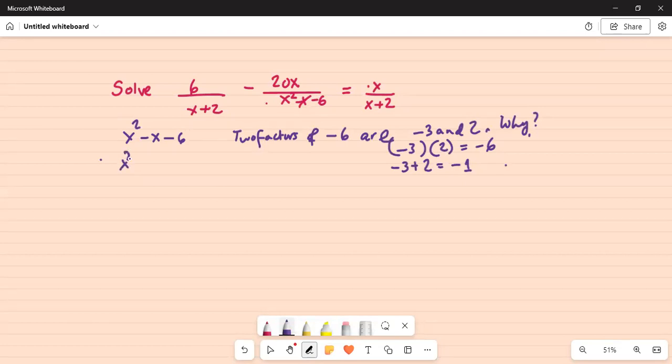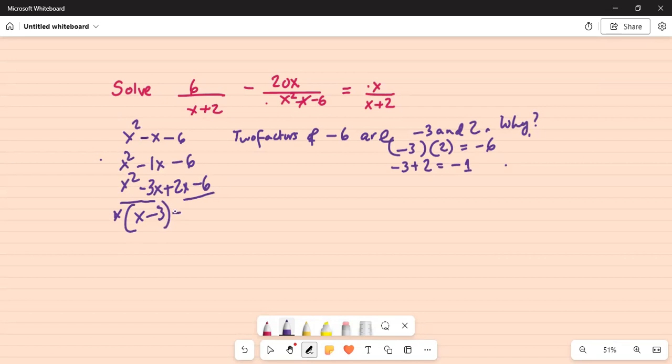So this can be written as x square minus 1x minus 6. Now minus 1x you can write as x square minus 3x plus 2x minus 6. Now we'll factor two terms at a time. Between the first two terms you can take x out, and x square divided by x is x, and x minus 3.